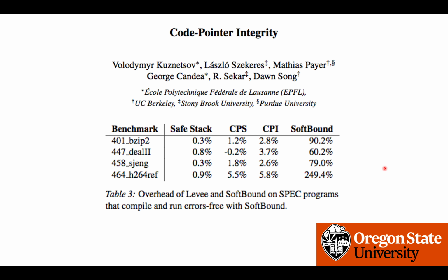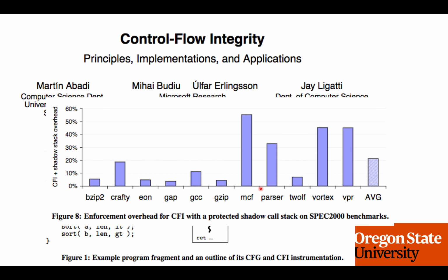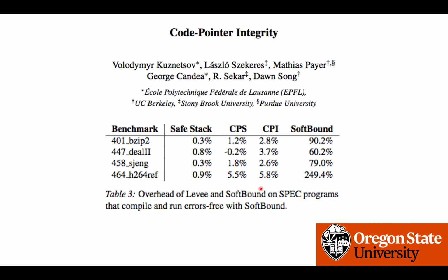Another defense, called code pointer integrity, is more like a shadow stack. Control flow integrity is more like an analysis phase: it attempts to analyze the program, identify the legitimate control flow transitions, and just allow those. But code pointer integrity is more of a shadow stack kind of approach.